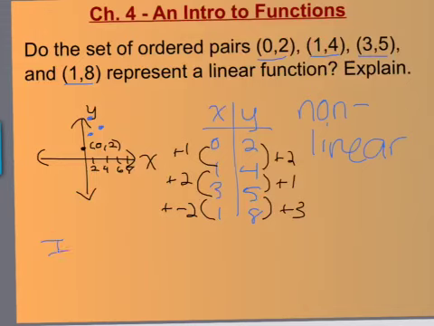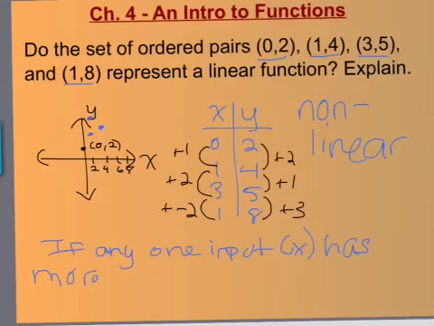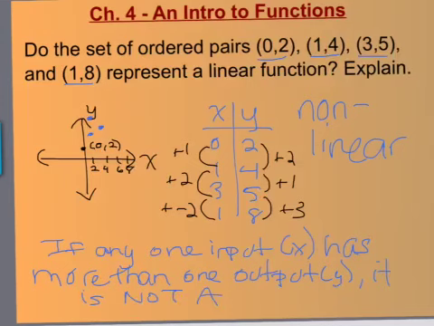If any one input, which is the x value, has more than one output, which is the y value, not only is it nonlinear, it is not a function. So no one x value can have more than one y value.